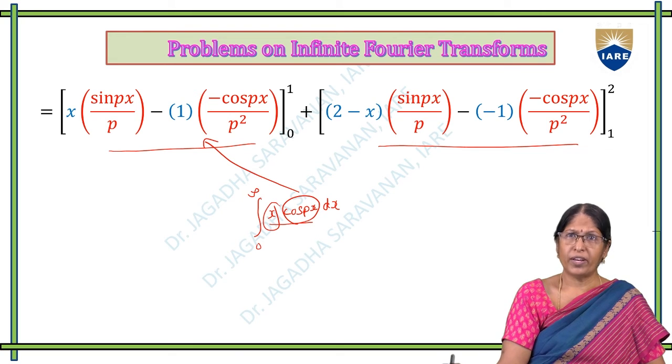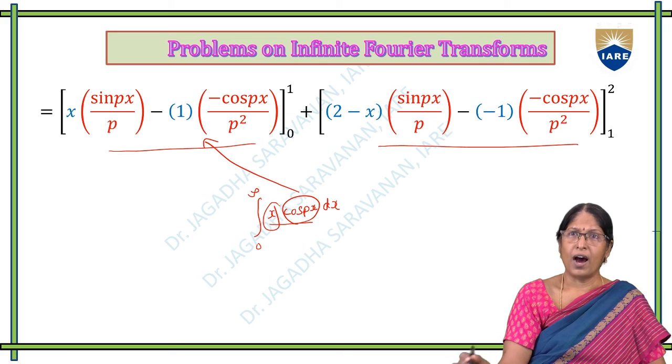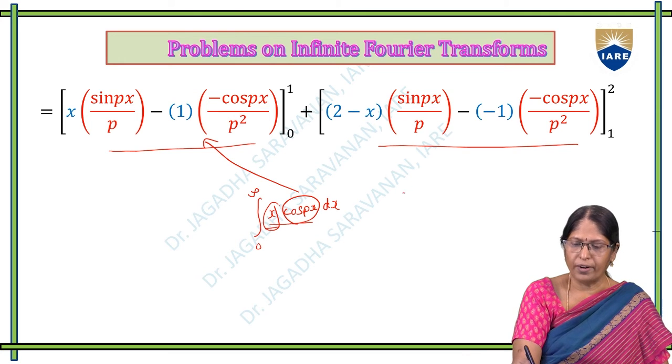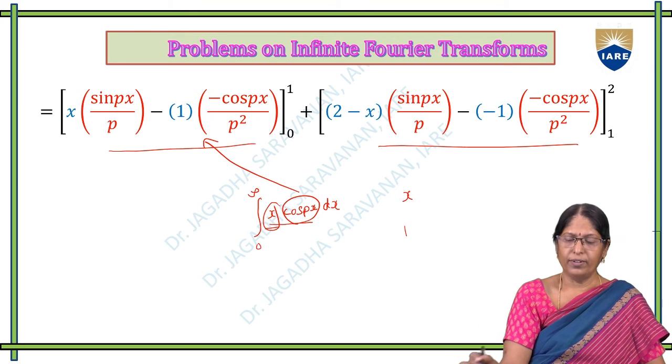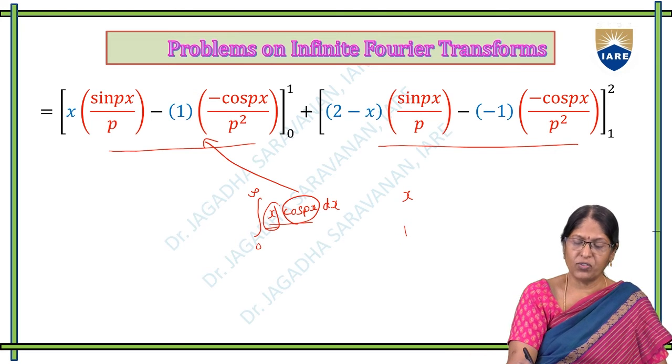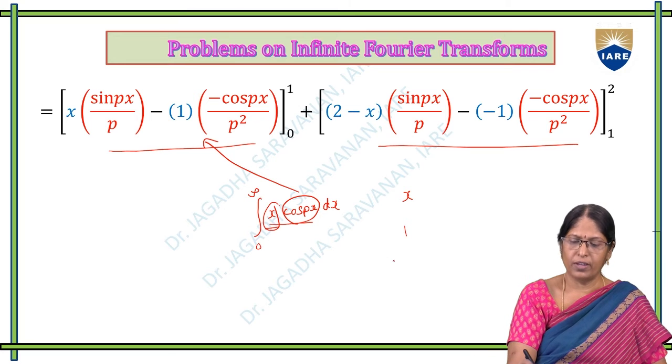When integrating algebraic and trigonometric terms, the easy way is that for the algebraic one, we do the differentiation, that is x. Regarding x, the differentiation is 1. Again, the differentiation of 1 is 0.